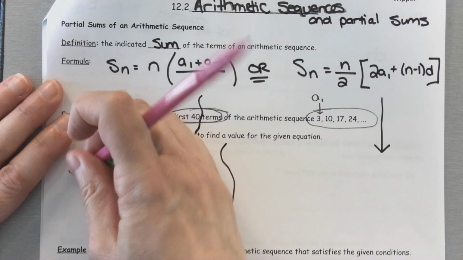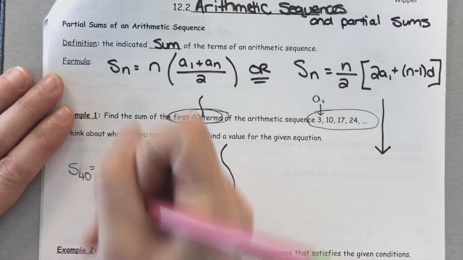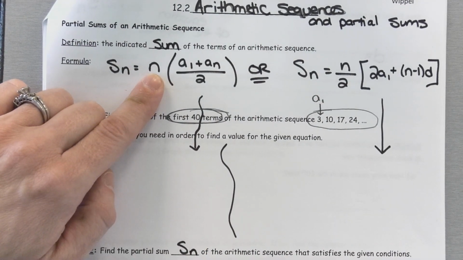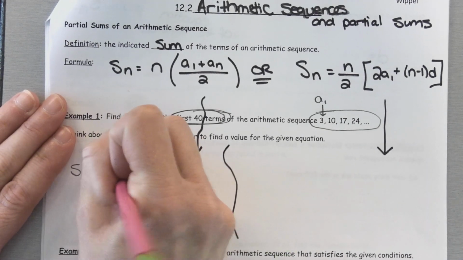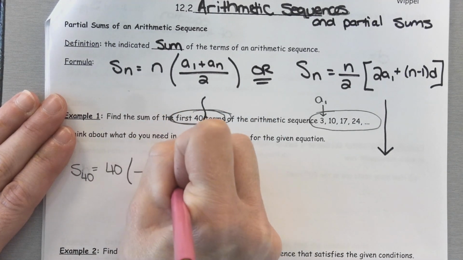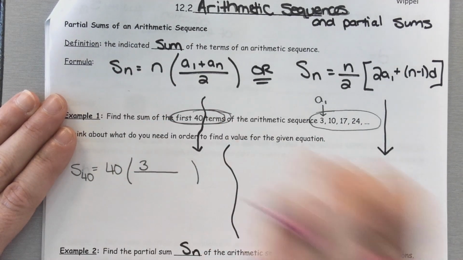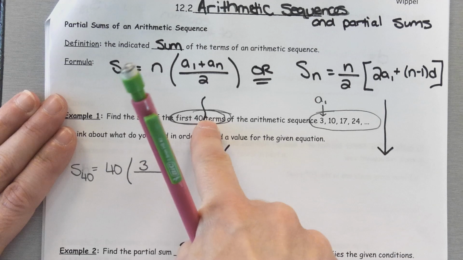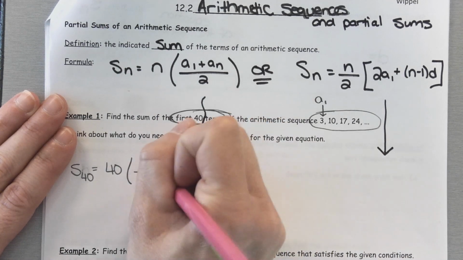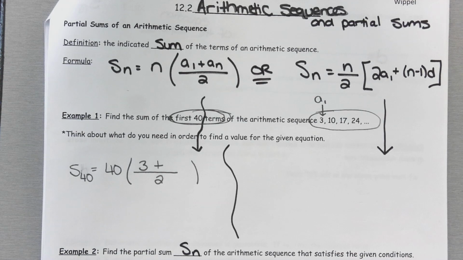So I'm going to replace my n with a 40. Then I go here, that's the same thing, so that's another 40, that's how many terms I'm adding together. Do I know a sub 1? What is it? 3. Do I know a sub n, which in this case is a sub 40? No, so I need to find that, and then I'm going to divide by 2.